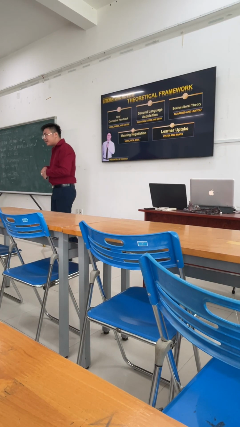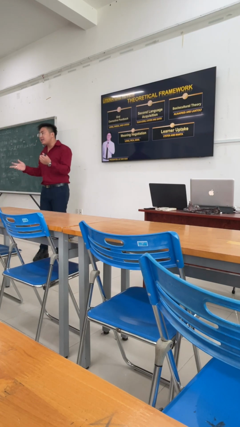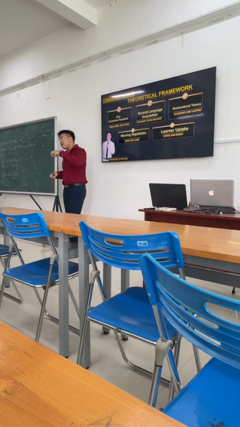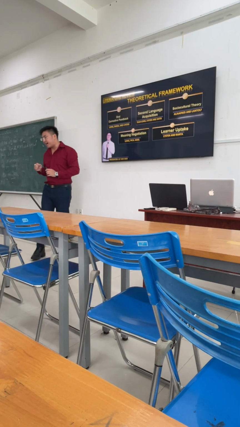Then the students try to understand, and they realize that the way you can correct your grammar or your speaking skill is through the corrective feedback the teacher gives you.